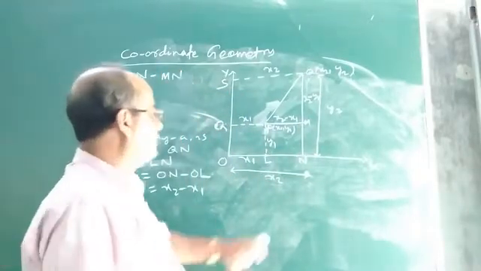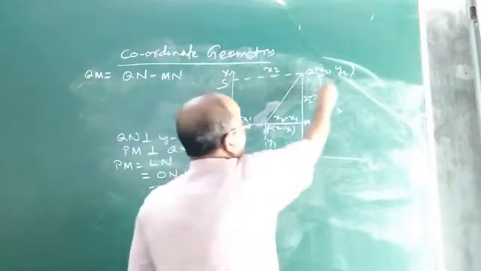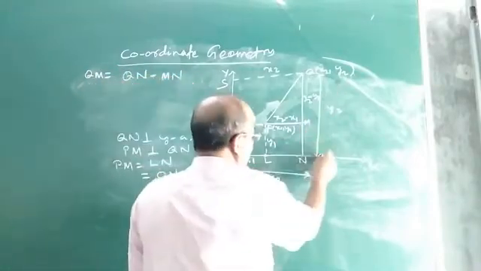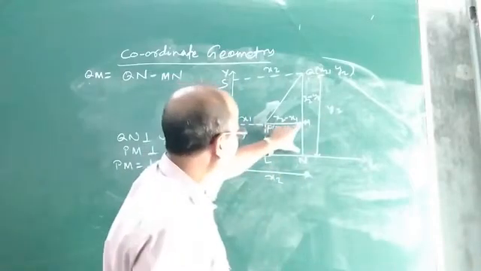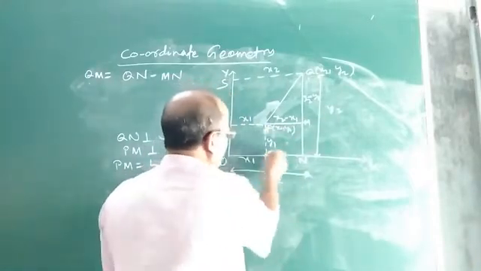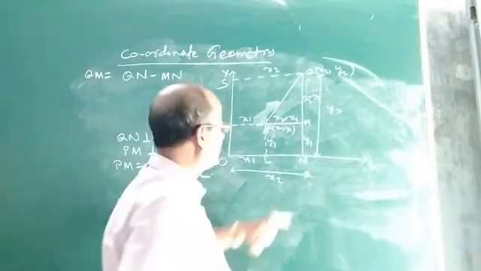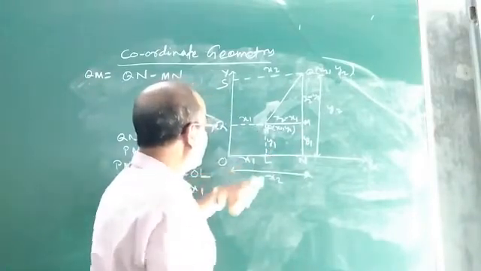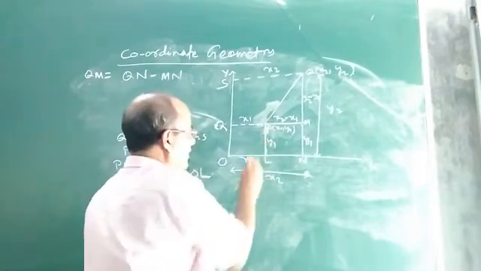Now see, what is the length of QN? It is y2. And what will be the length of MN? MN will be equal to PL, which is y1, because the length of MN is equal to PL.